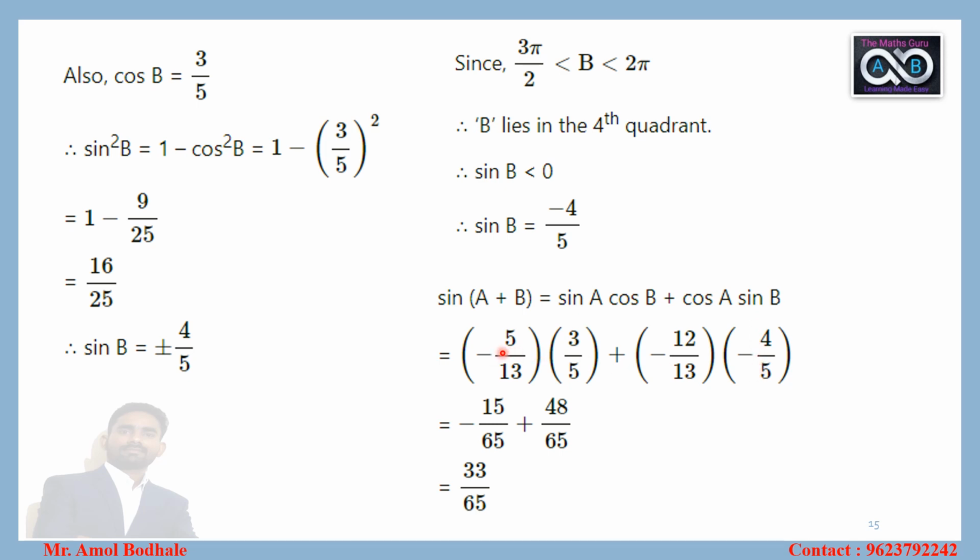So here the product: minus 5 into 3 is minus 15, 13 into 5 is 65. The plus symbol stays as it is, and minus into minus is plus, 12 into 4 is 48, and 13 into 5 is 65. Now the denominators are the same, so we can combine them. That is minus 15 plus 48 divided by 65, which gives 33 upon 65. Yes, in this way we can prove that sine of A plus B is 33 upon 65.